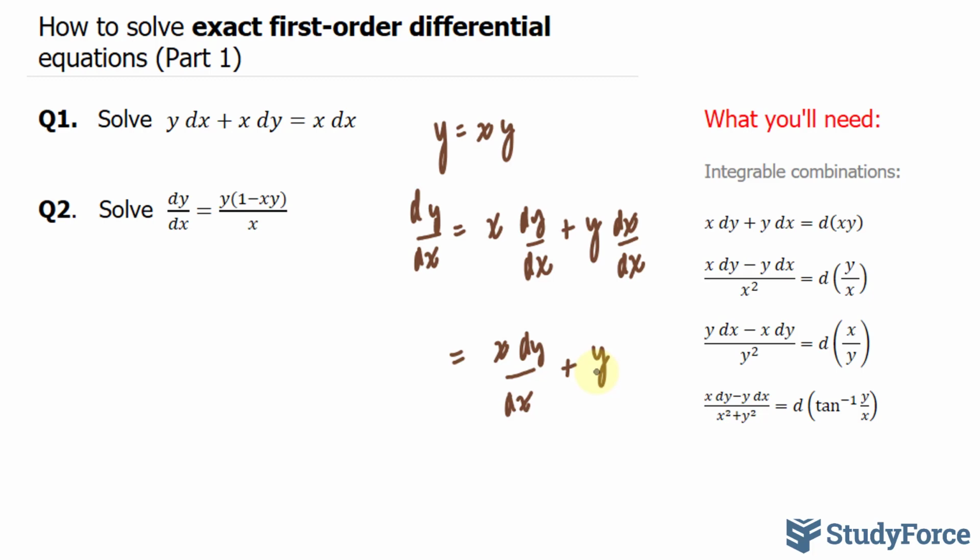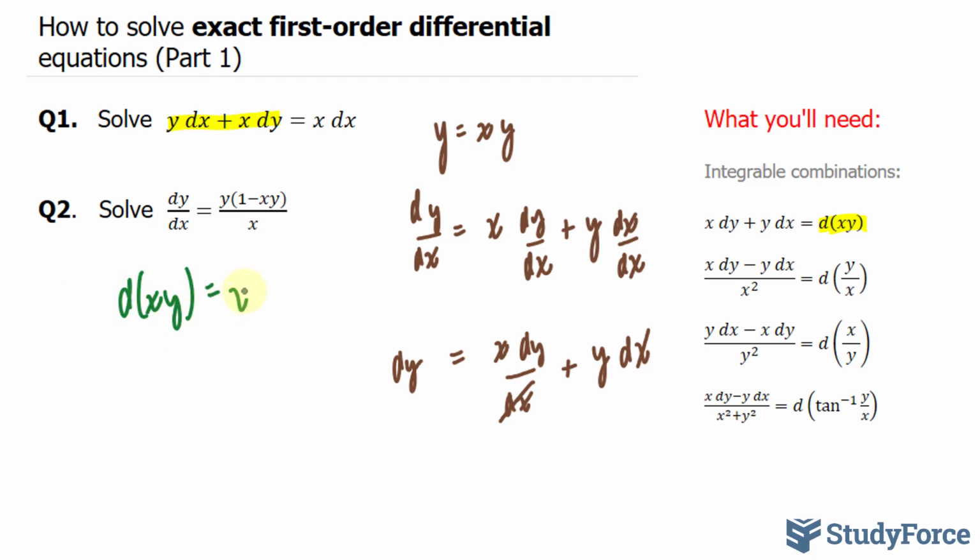Now if I multiply the left and the right side by dx, I'll end up with dy is equal to, this dx cancels out, and this y becomes dx. So what this tells me is that if I take the derivative of xy, I will end up with the following integrable combination.